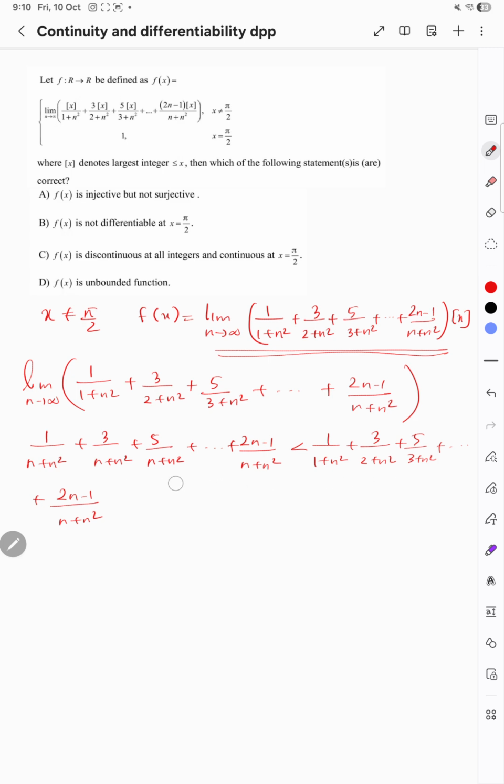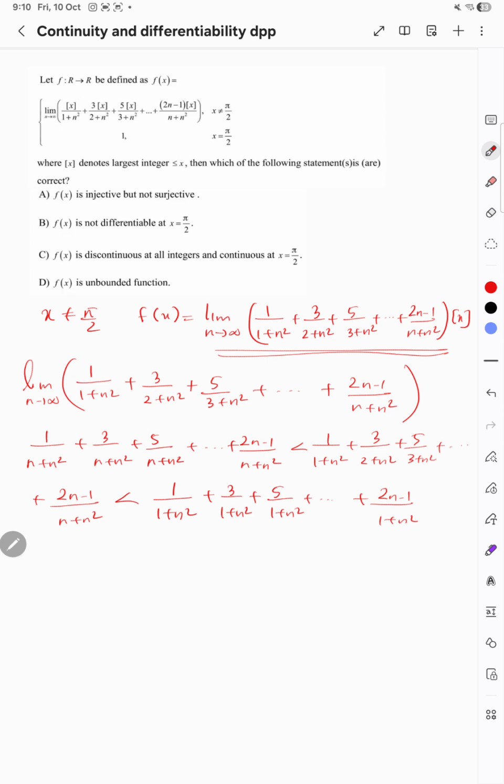Now I am going to consider an expression where all the denominators are 1 plus n square: 1 by 1 plus n square, plus 3 by 1 plus n square, plus 5 by 1 plus n square, plus etc., plus 2n minus 1 by 1 plus n square.